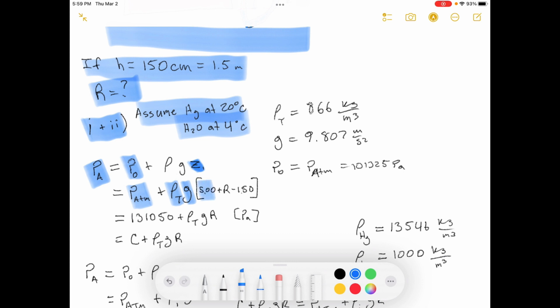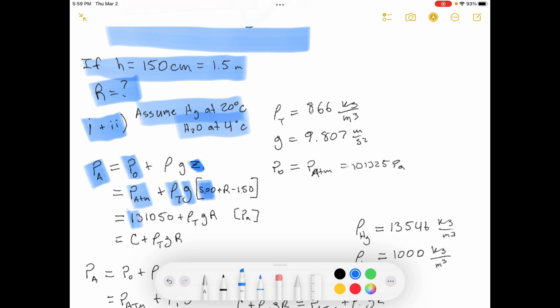Remember, if we're working in pascals, we need to convert our height and units so that they're all consistent. That's why these are in meters, 5 meters minus 1.5, because they gave it to us in centimeters, so we're just converting into meters here.